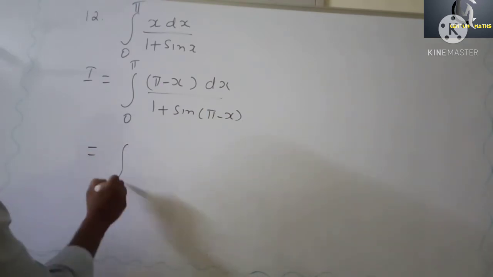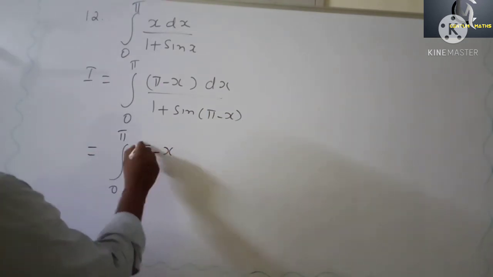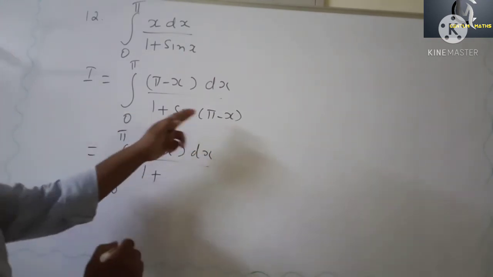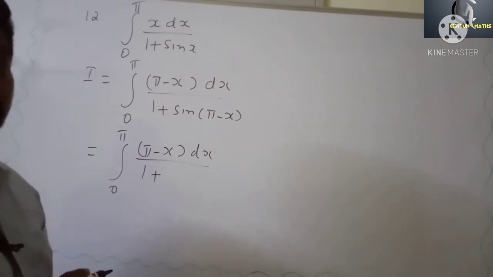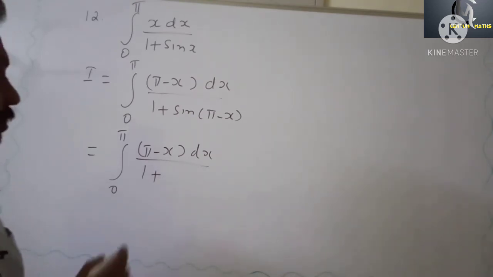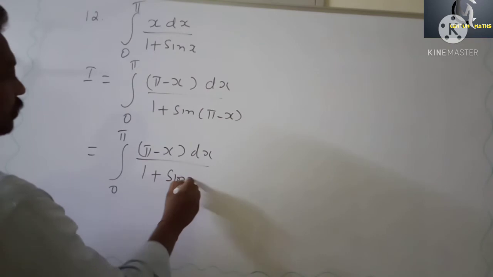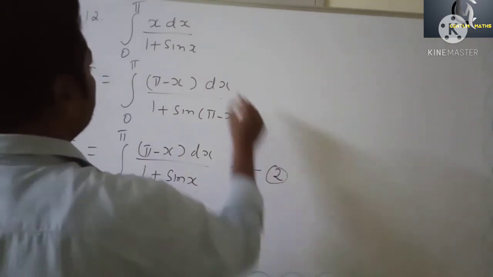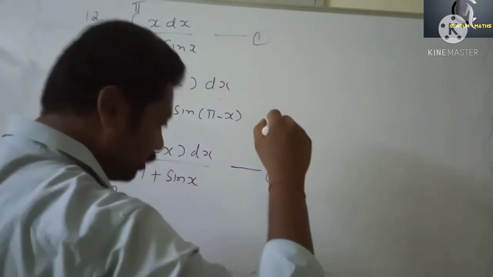So which equals 0 to pi, pi minus x dx by 1 plus, what is sin pi minus theta? What is sin 180 minus theta? Sin theta. So it becomes sin x.